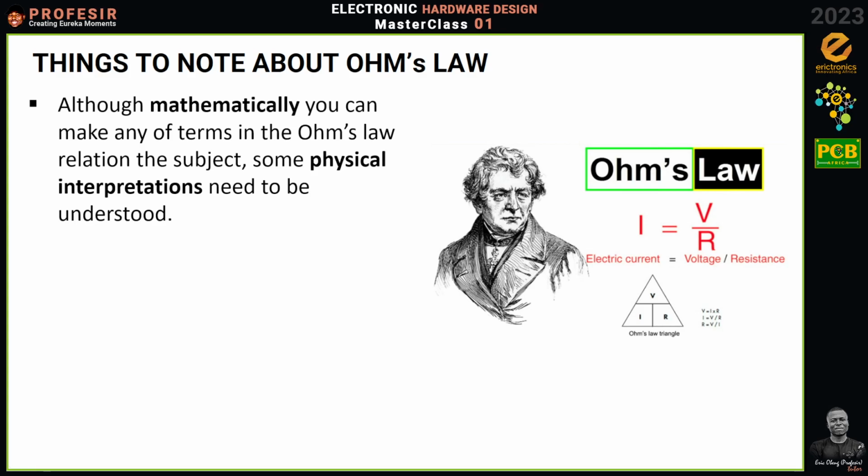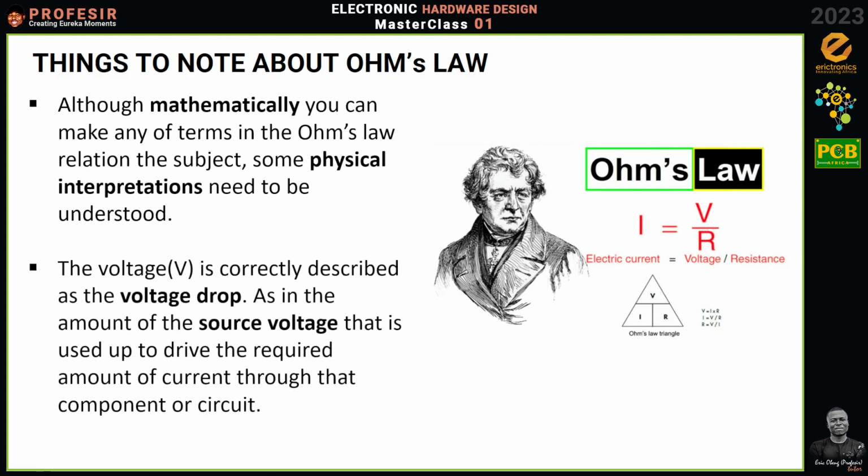Another thing is that there are physical interpretations to Ohm's law. In Ohm's law, we do mention voltage. In our sources too, we mention voltage. In our sources, we said that the voltage is the energy per unit charge. Now, this voltage is actually different from the voltage that Ohm's law is talking about. Please take note of that.